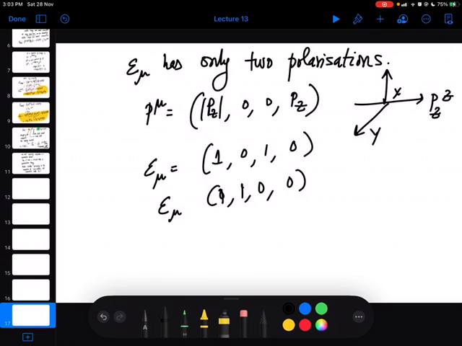Then similar to this, you also have the completeness relations. The epsilon mu also has completeness relations, which you have to have. So it's similar to what we had essentially. They are normalizable.